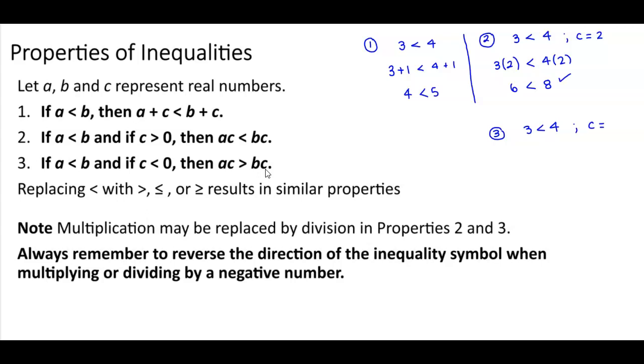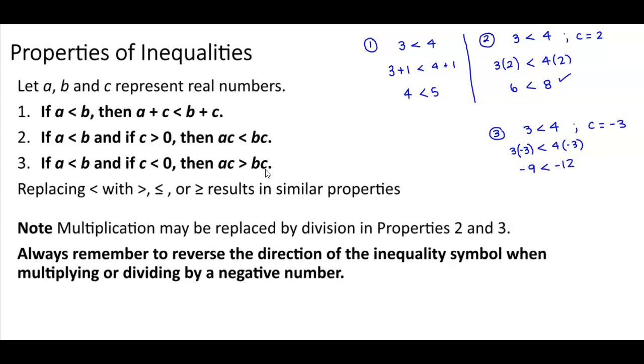So let's make this negative 3. So we're going to take 3 and multiply it by negative 3, and then we're going to take 4 and multiply that by negative 3. So 3 times negative 3 is negative 9. 4 times negative 3 is negative 12.